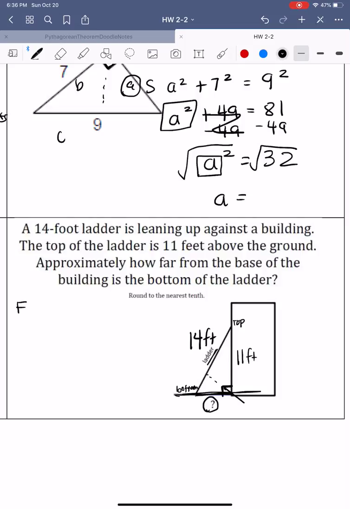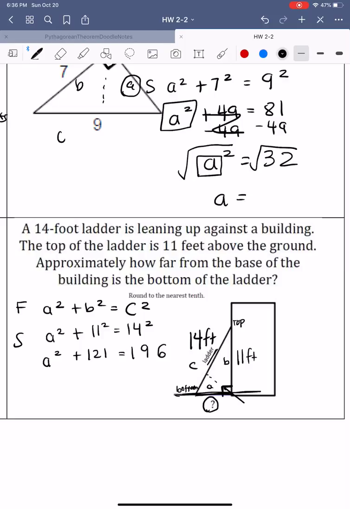So our formula is a squared plus b squared equals c squared. And once again, we label our triangle. We substitute a squared, since we don't know it, plus 11 squared equals 14 squared. So as we simplify, a squared plus 121 equals 196.